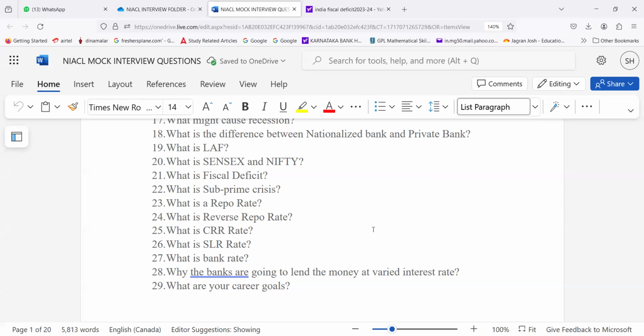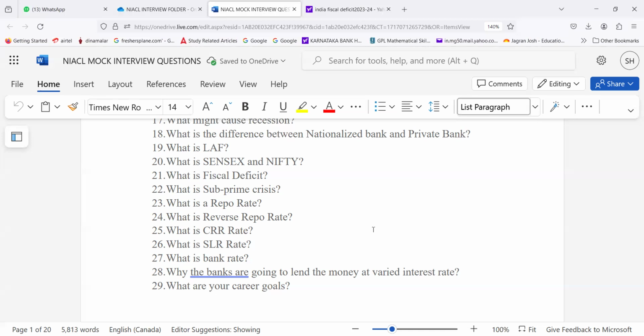If they have 100 crores net demand and time liabilities, then 18 crores have to be kept by them as government securities or as gold or as cash. It can be maintained in the form of cash also with the bank itself. Could you follow this? Yes, sir. Good. So I have explained question number 26.